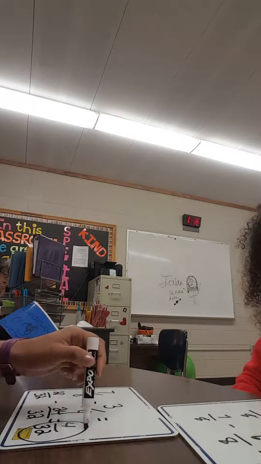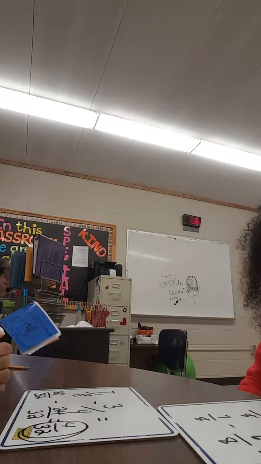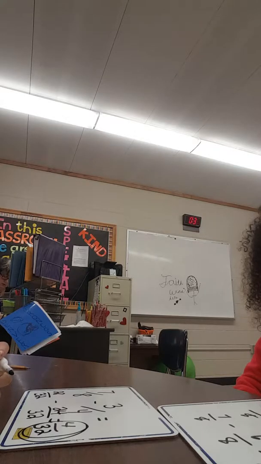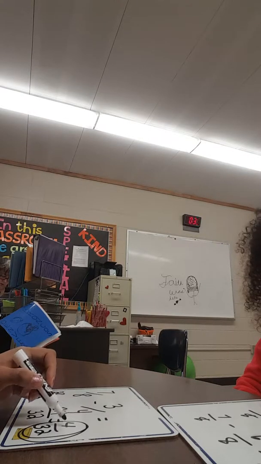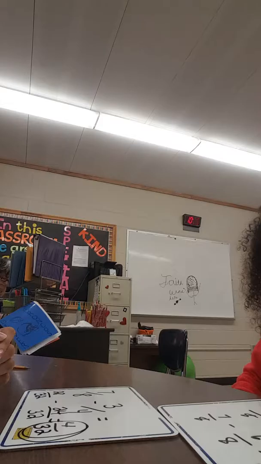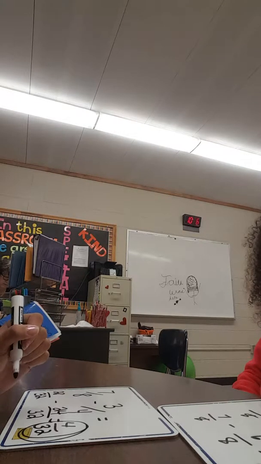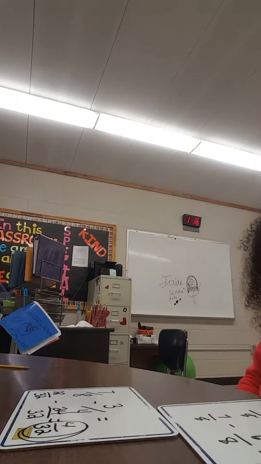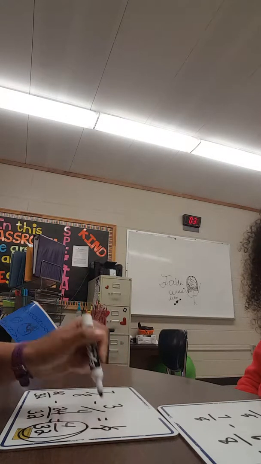So we would still simplify this, and how would I simplify that? What would I divide it by? You would divide it by 4. So how many times does 4 go into 4? Once. Yep. And how many times can 4 go into 8? Twice. And we get the same answer, don't we?